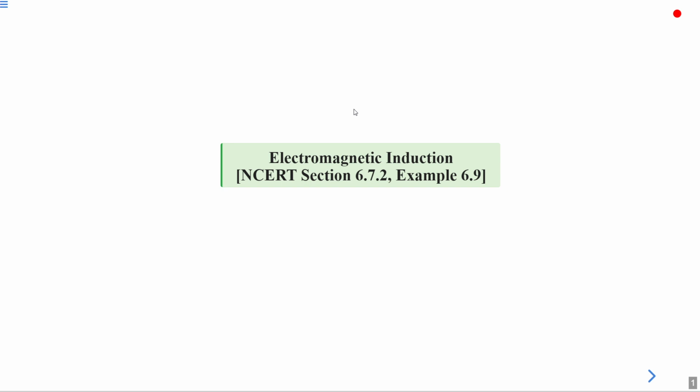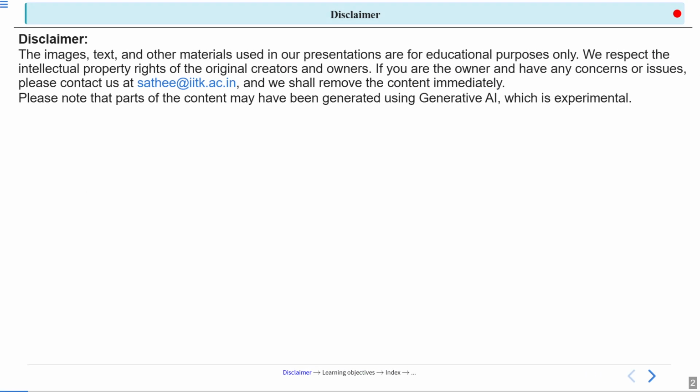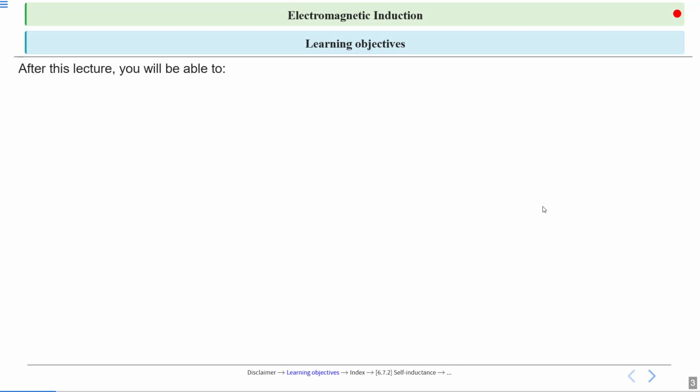The topic that we are going to discuss is NCERT section 6.7.2 and example 6.9. Learning objectives.